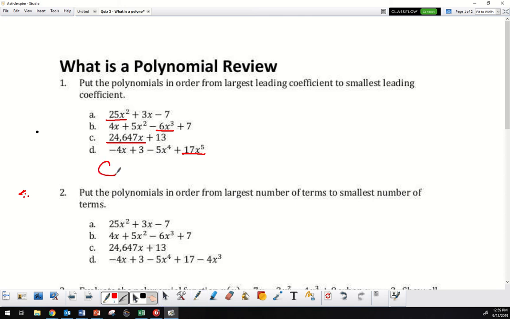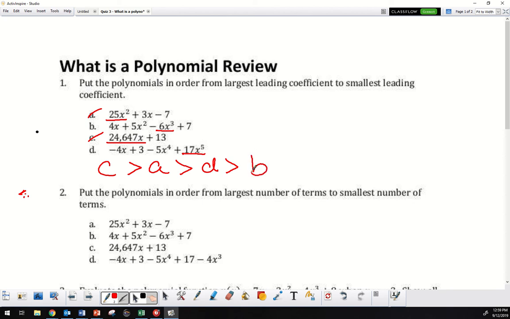So C is going to be greater than, let's see, the next one going down is 25, so that's A. And after A is either -6 or 17. The largest is 17, so that is D. And my last one's going to be B.